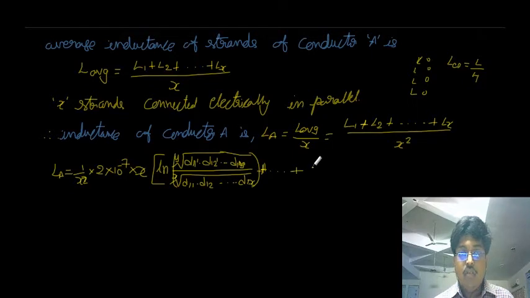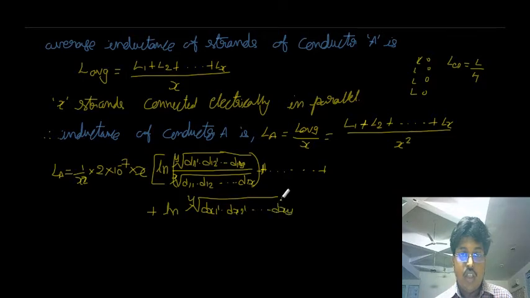Similarly for L2, and so on. For Lx, we will get the logarithm of y through tau, dx1 dash into dx2 dash into so on dxy, divided by x root of dx1 into dx2 into so on dxx.